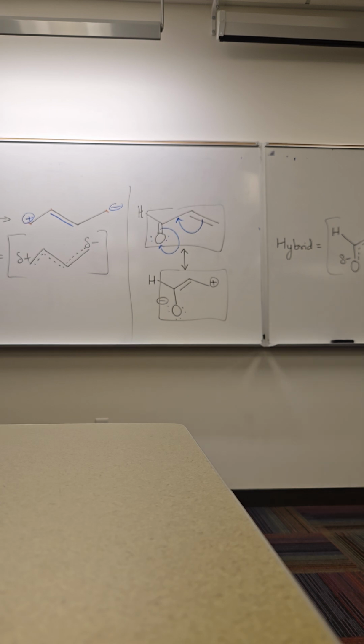Each has an unhybridized p orbital with 1 electron in it, the other one also with 1 electron, opposite spins. This is also sp2 hybridized, and oxygen is also sp2 hybridized, so it has a p orbital.